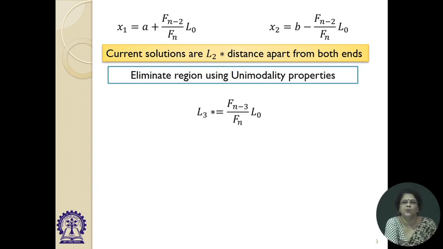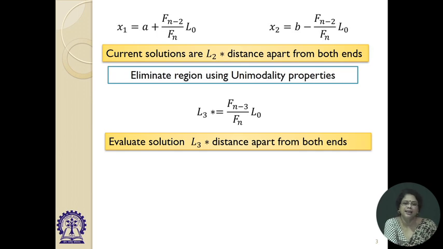I will calculate L3 star, and my guideline says that in the new interval of uncertainty, take a point so that the current solution, meaning the new solution x3, and the previous solution from the previous stage, both must be L3 star distant apart from both the ends.